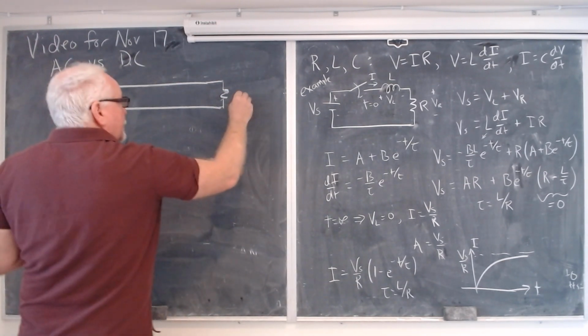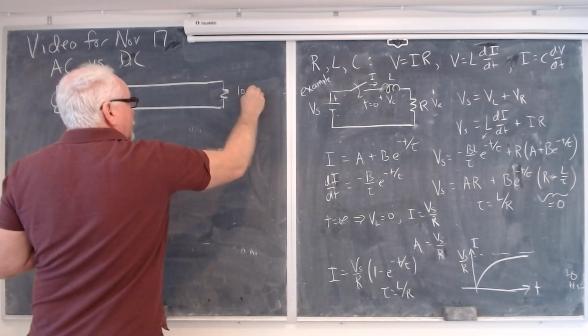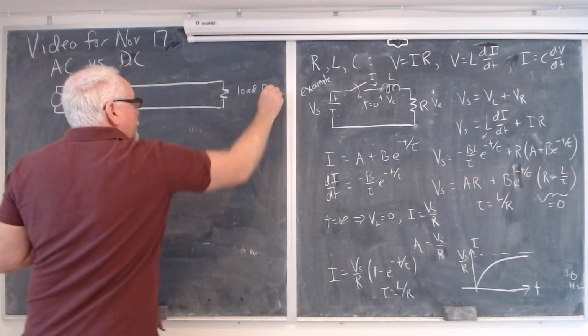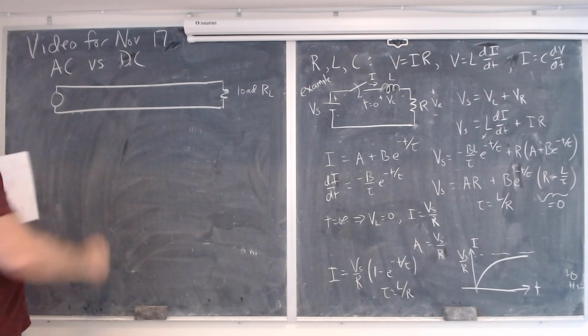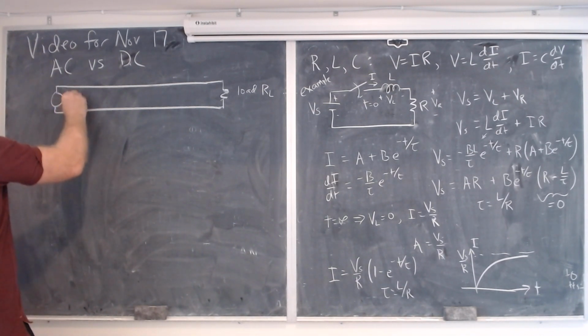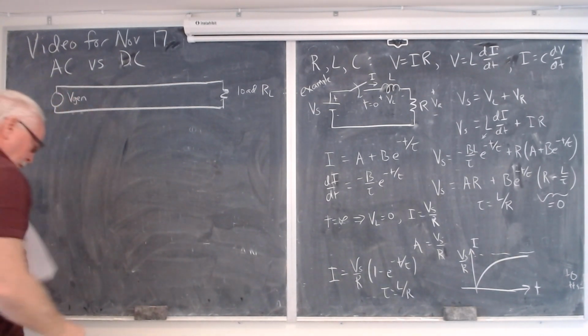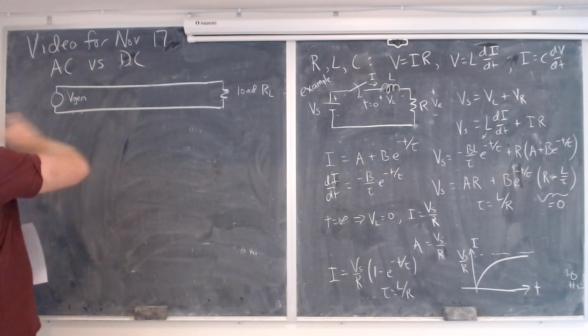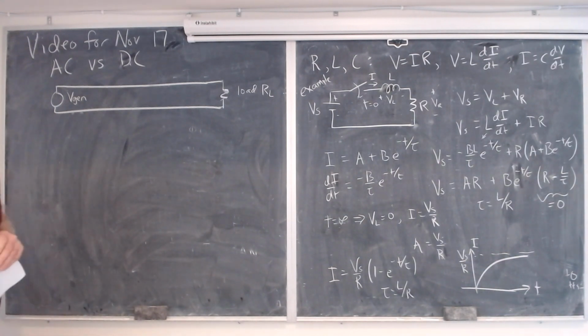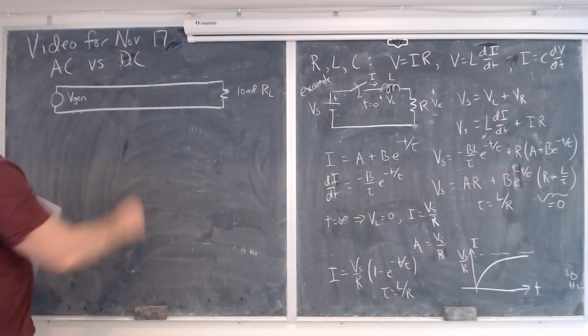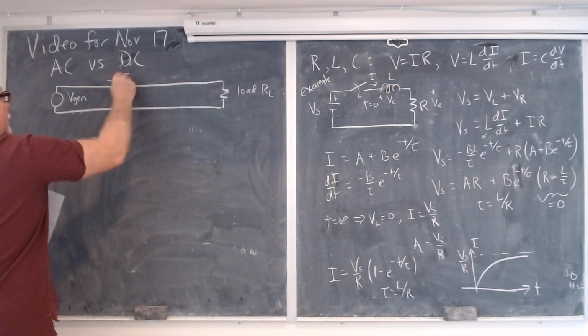And so they have some load here, R_L, let's call it. And this was the generator voltage. It had big long wires going through town, connecting the generator with the end users, and of course there's a current going through them.